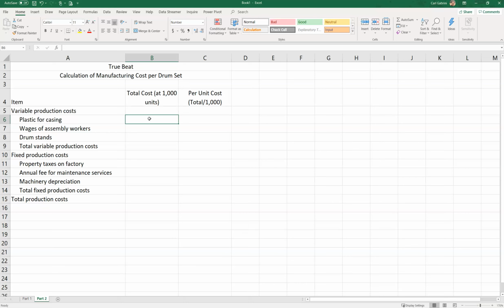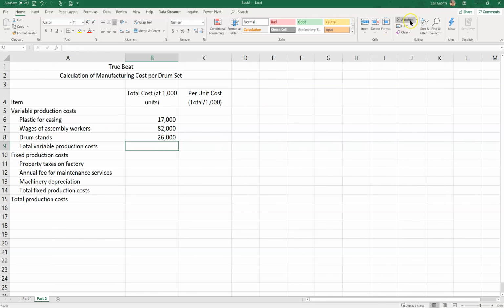So what were the variable costs that we identified? We identified the plastic for casing, the wages of the assembly workers, and the drum stands. Those were the major variable costs that we were able to tie directly to this product. So that was $17,000 for the drum casing plastic, $82,000 for the assembly wages, and $26,000 for the drum stands.